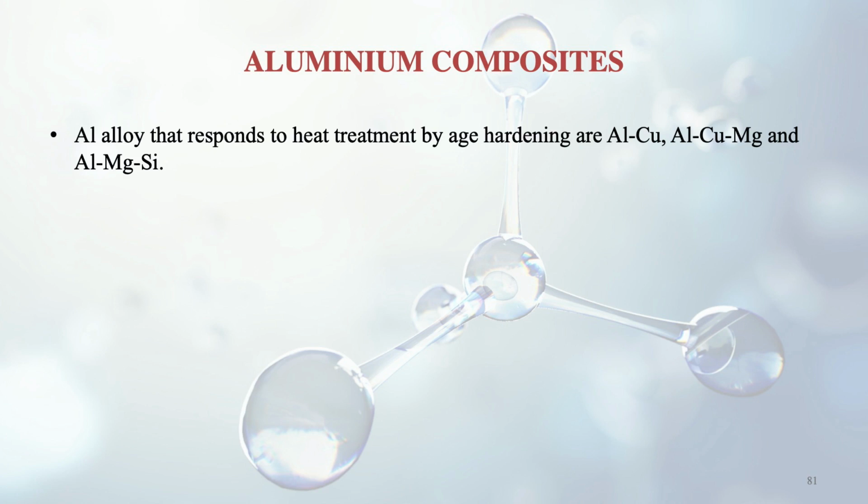And further we move on to the aluminum composites. So Al alloy responds to heat treatment by a process called age hardening. So it can be alloys of aluminum copper, or aluminum copper manganese, and aluminum copper magnesium, and aluminum magnesium silicon, different things.